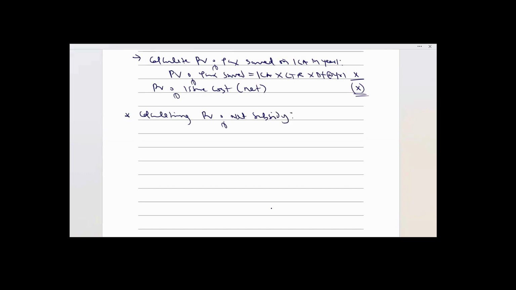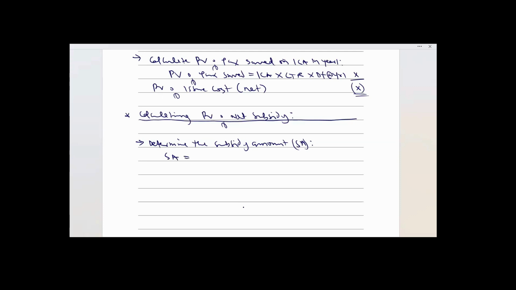When you want to calculate the present value of net subsidy, there are 4 procedures you are supposed to carry out if necessary. The first procedure is to determine the subsidy amount, SA, the amount attributable to subsidy. How do you calculate subsidy amounts?